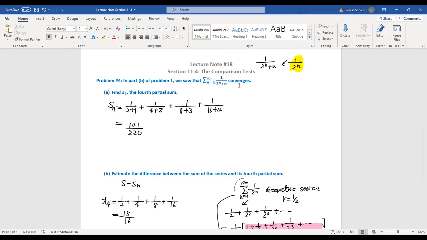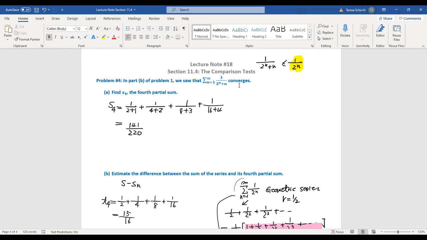All right, so that's it for the second part of this lecture, number 18. We talked about the comparison test. Then we also talked about, after you use the comparison test and find a series is convergent, how you want to estimate, using the partial sum, what value the series is converging to, and how close you are, what bound you have.